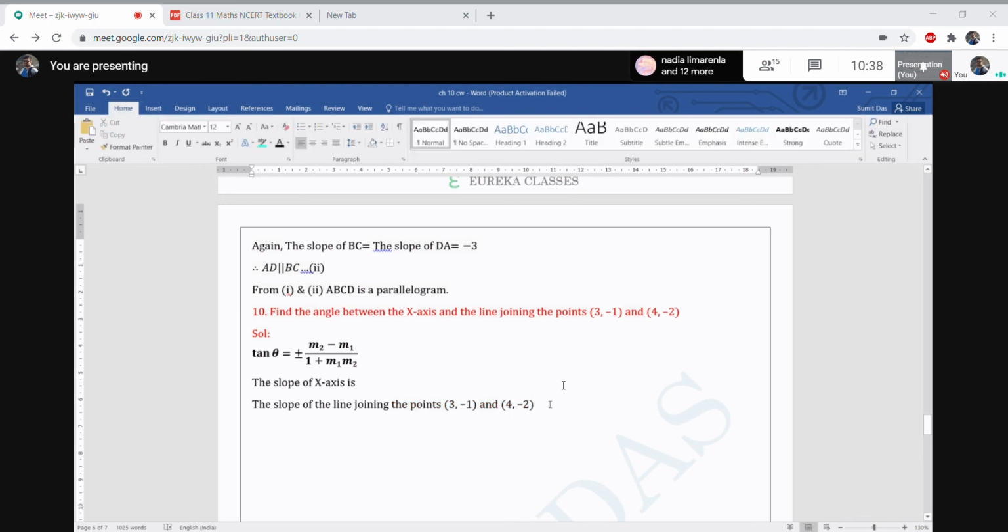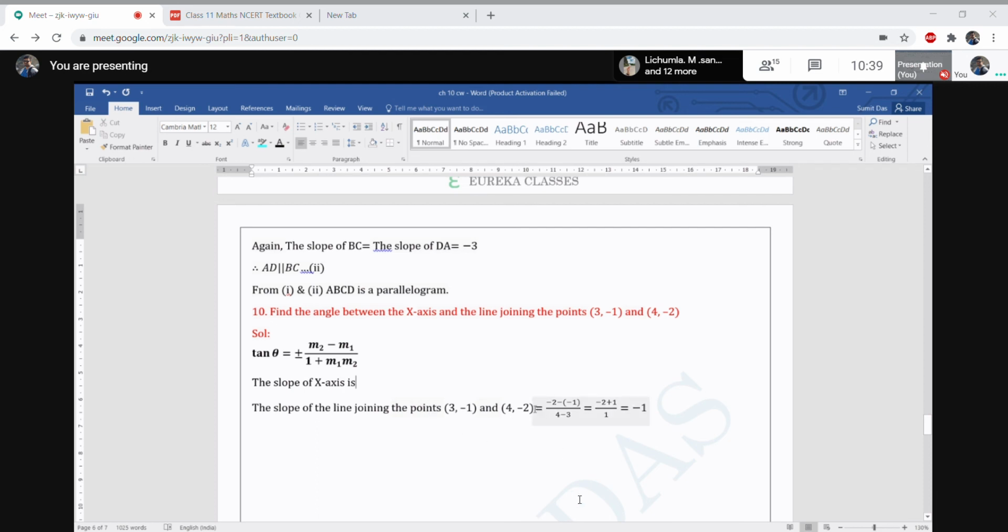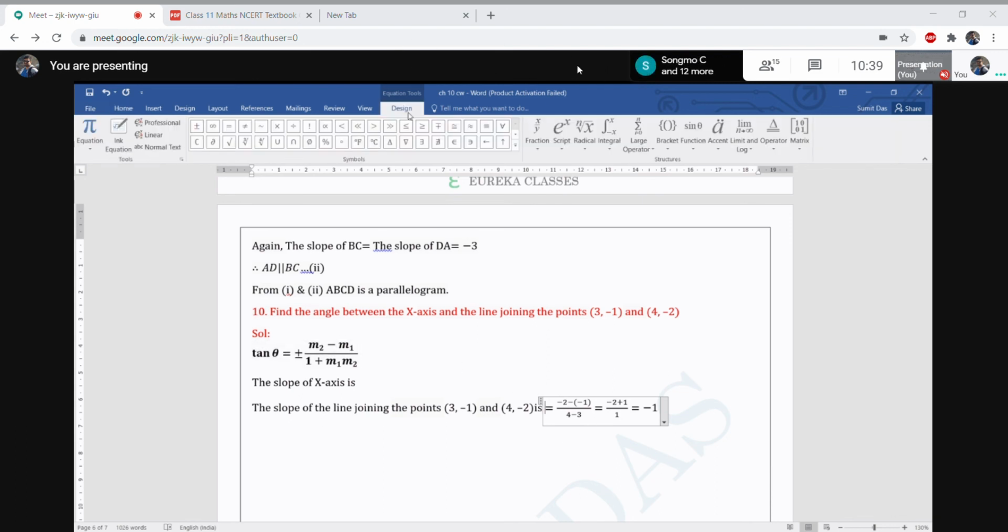What is the slope of x-axis? First reply. Slope of x-axis.